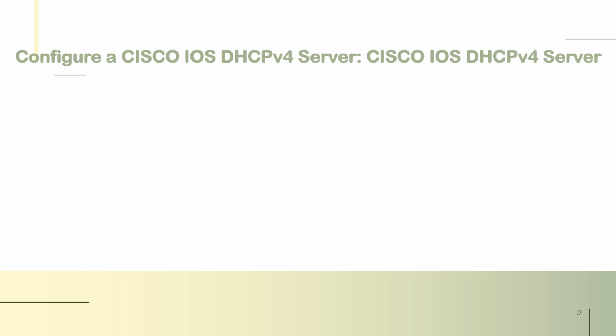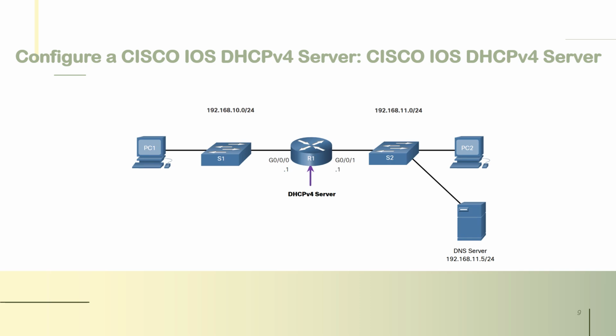A Cisco router running Cisco IOS software can be configured to act as a DHCP version 4 server, and the Cisco IOS DHCP version 4 server assigns and manages IPv4 addresses from a specified address pool within the router to the DHCP version 4 clients. And here will be the network that we will use as an example to show the steps to configure the Cisco IOS DHCP version 4 server.